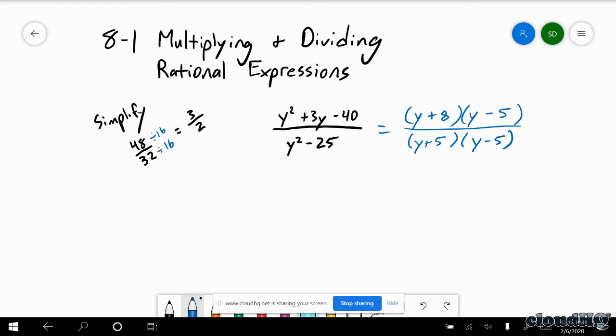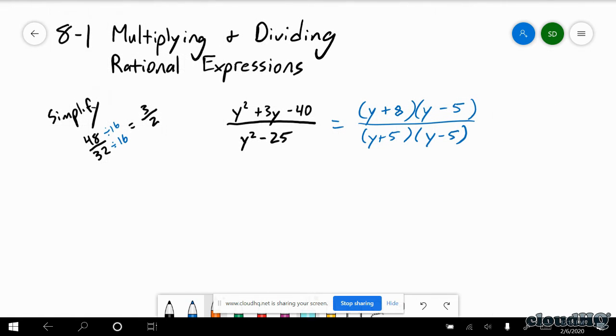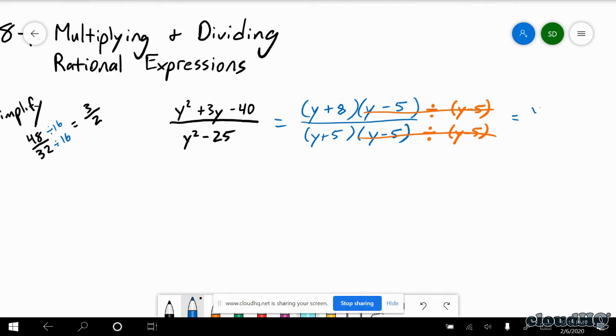I won't typically write this out in this way. I would rather just cancel them both out, but really what's happening is we're dividing both the top and the bottom by the same thing. And when you do that, that goes away, that goes away, and you're left with y plus 8 over y plus 5.